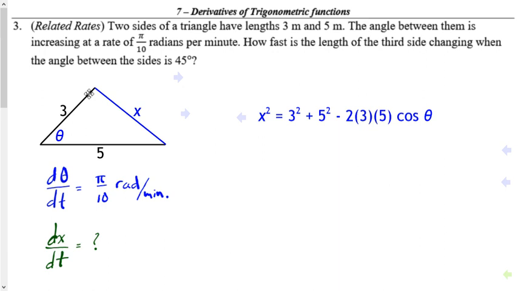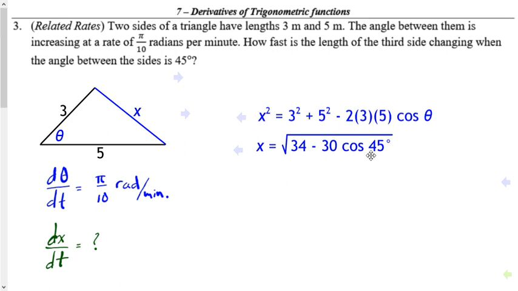Well, let's actually evaluate what x is equal to. So if I square root both sides and I simplify, 3 squared is 9, plus 25 is 34. And then 2 times 3 times 5 is 30. And we're interested when the angle is 45 degrees. So I plugged in that 45-degree angle right away.